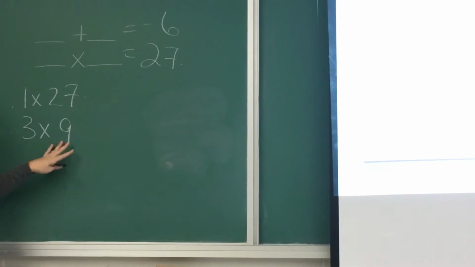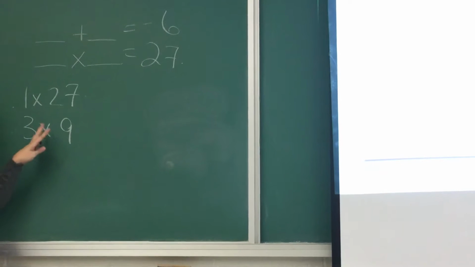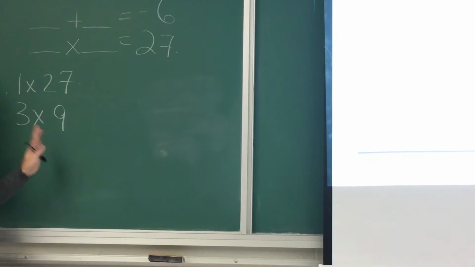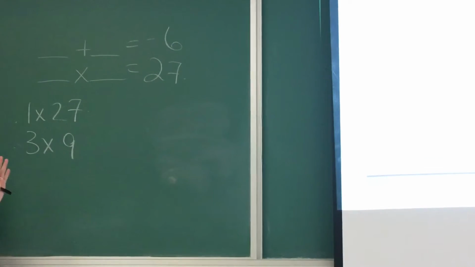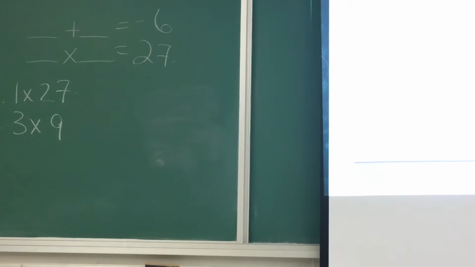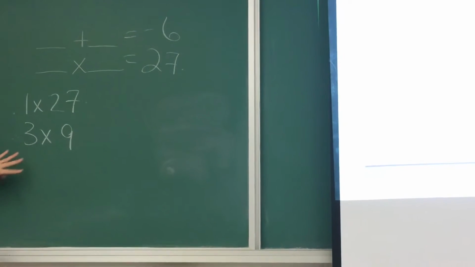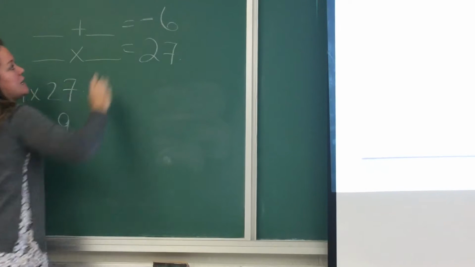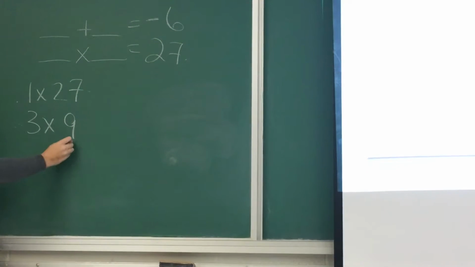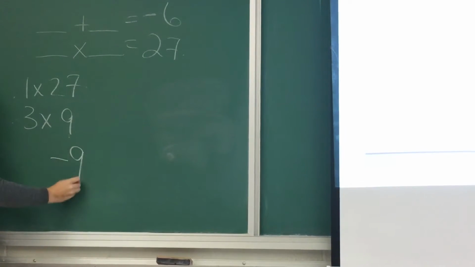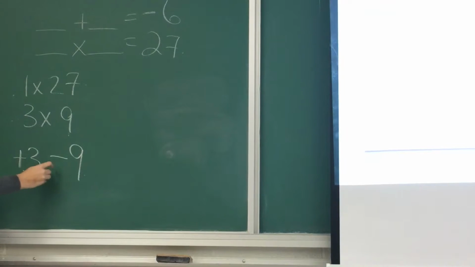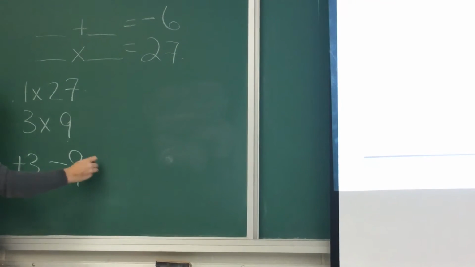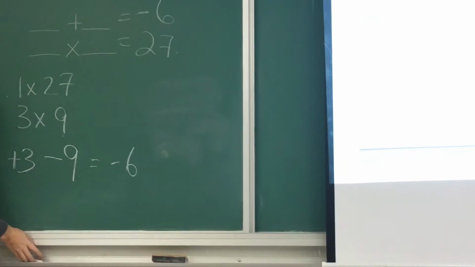And so I look at 3 and 9. Oh, those look like they might be able to produce 6 for me. But now you need to decide which one's going to be negative and which one's going to be positive. I need -6, so I need the bigger number to be negative. Because then +3 and -9 gives me negative 6.